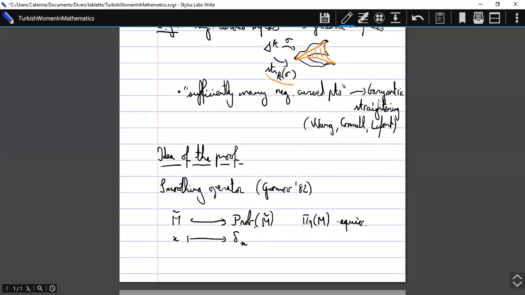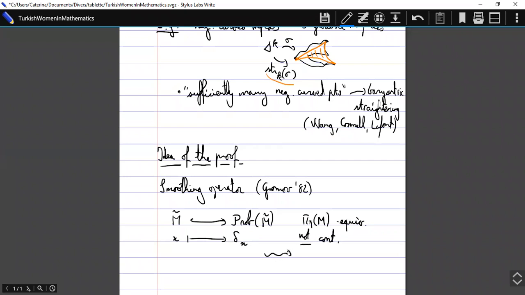You have 2 points that are close here, and if they are not the same, then the two probability measures are completely different. There is mass one on one point and one on the other point, and 0 everywhere else, so you cannot see the fact that the 2 points were close. So the problem is that here it's not continuous. So the idea is to make it smooth. So this is what the smoothing operator will be about.